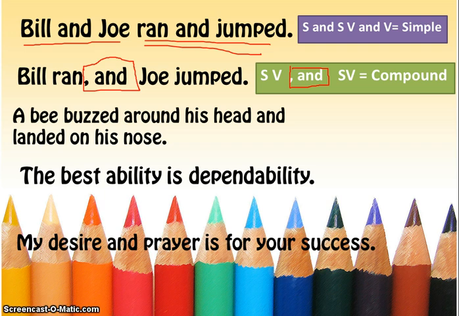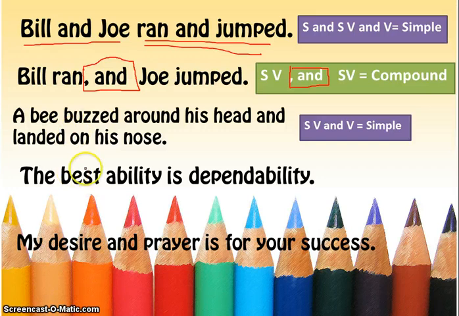Let's look at the other one. I have subject, verb, verb. What is that? That is a simple sentence. Subject, verb, and verb. There are no commas in that sentence. That is not a compound sentence. Fourthly, I have the best ability, and ability would be my subject, is the verb.